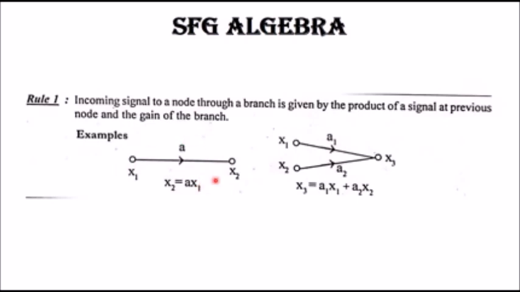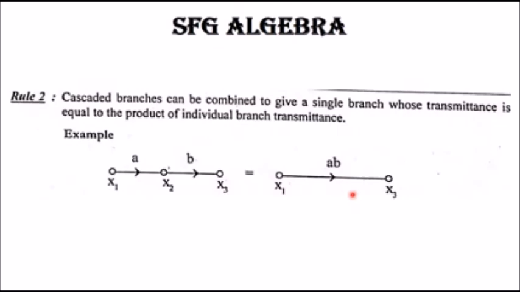Similarly, x3 is a mixed node. I mean, x3 is the incoming node from x1 and x2. Here x1 is multiplied by a1 and x2 is multiplied by a2, and this is the sum. So these two are added together. We can say x3 is equal to x1 into a1 plus x2 into a2.